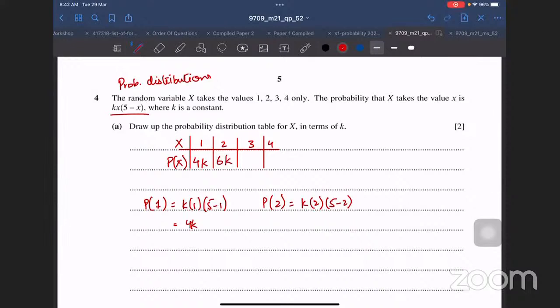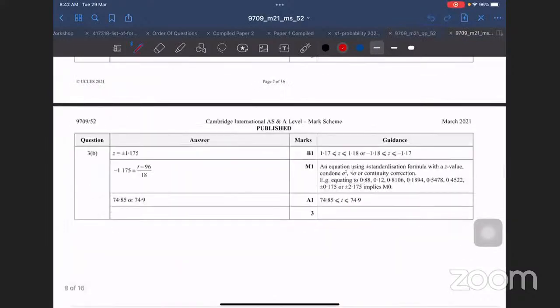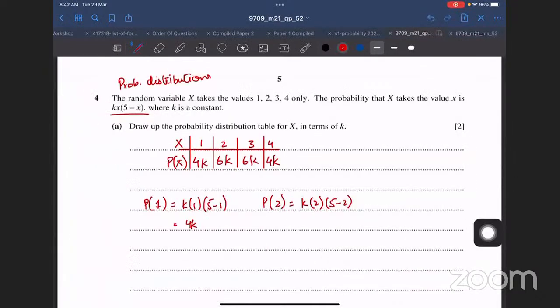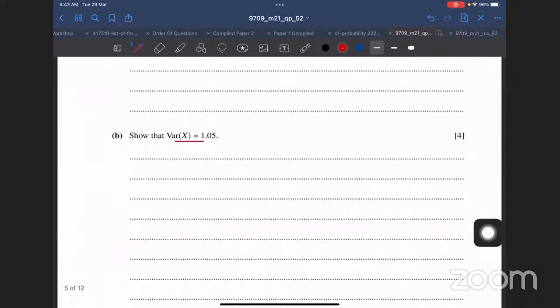With 3, that also becomes 6k. And with 4, it becomes 4k. So I have the entire table in terms of k. Let's verify that it is correct. 4k, 6k, yes.